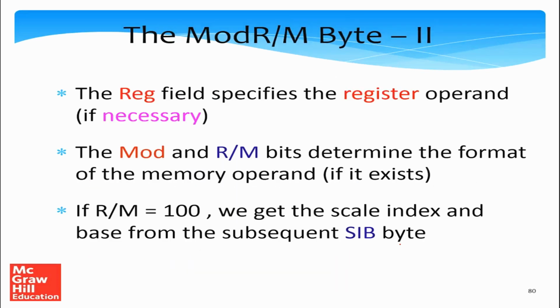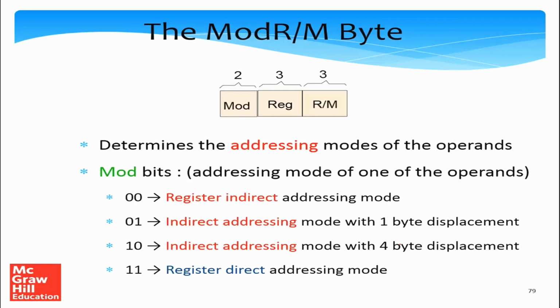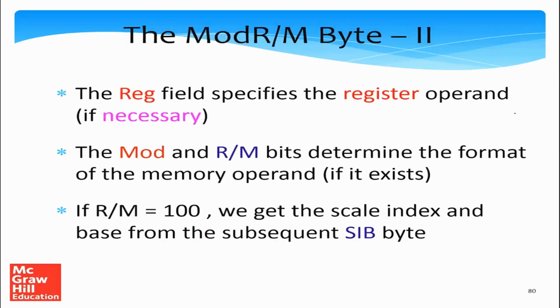So let's go back to the slide. If the R/M bits are 100, this register remains as is, we'll not touch this, but this tells the processor that an additional SIB byte follows, and to read the scale, index and base registers from the SIB byte, and depending upon the mod there can be a displacement as well.